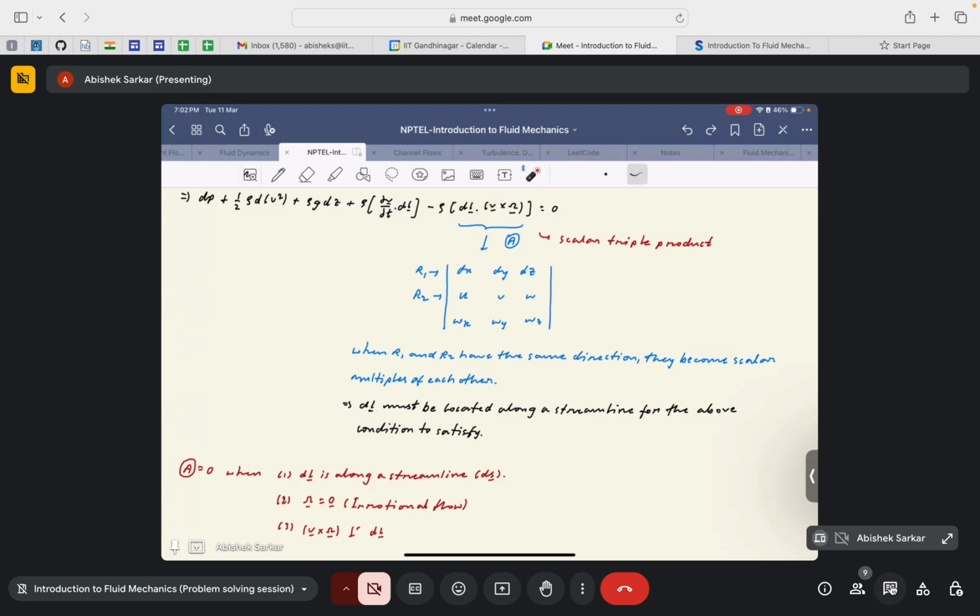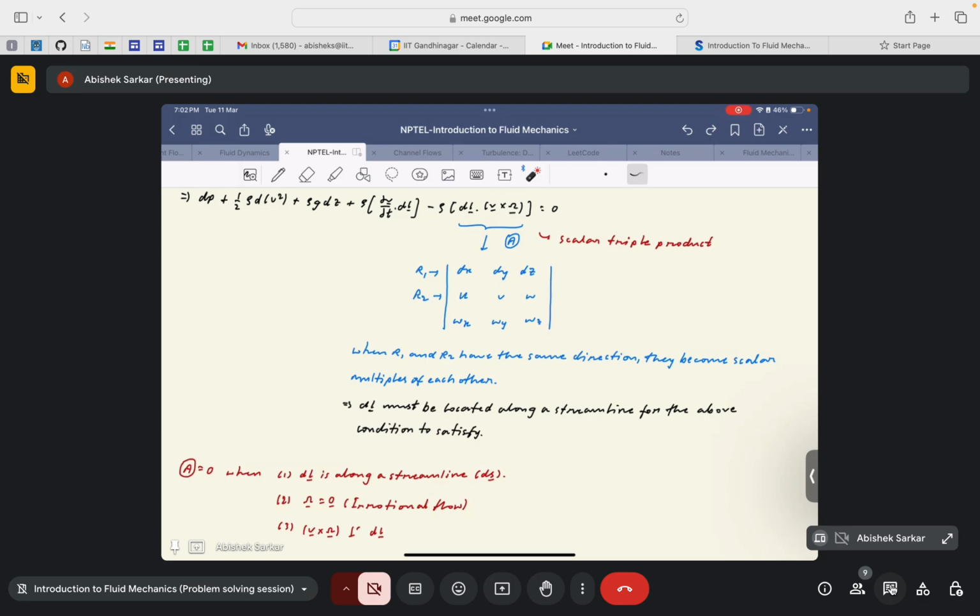But this final case is very, very specific, which is very hard to generalize. So this condition is usually neglected, but it still remains. It's not that it does not remain, but it is very specific, so it cannot be generalized. But these two conditions can be generalized, so these two cases are quite popular to know.